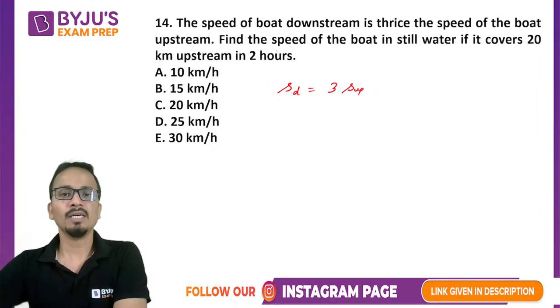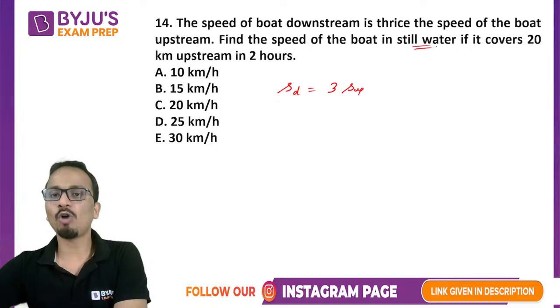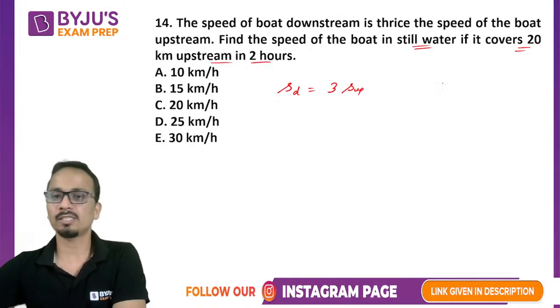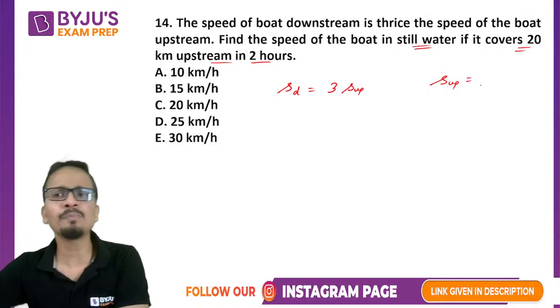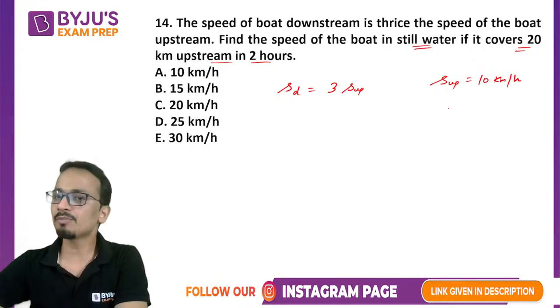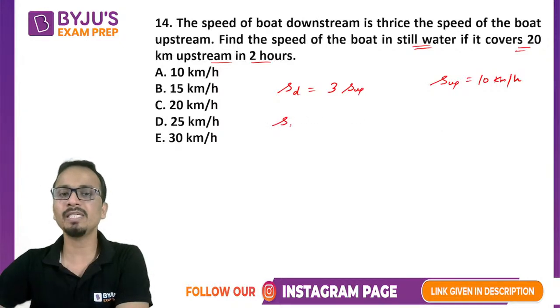Find the speed of boat in still water if it covers 20 kilometers upstream in 2 hours. So I can say that the speed upstream will be 20 upon 2, that is 10 kilometer per hour. So speed upstream 10 kilometer per hour हो गया, तो speed downstream is 3 times the same thing. So it will be 30 kilometer per hour.